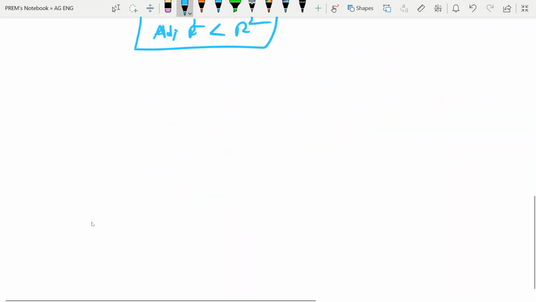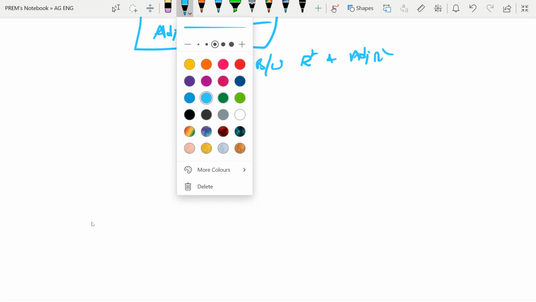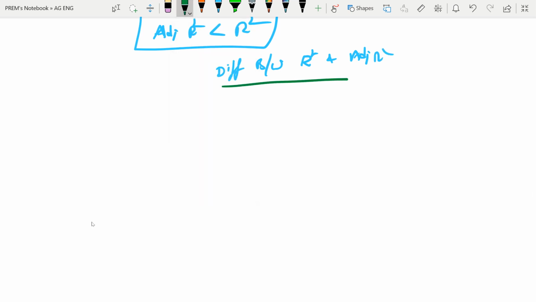So what is the main difference between R square and adjusted R square? The main difference is one point.